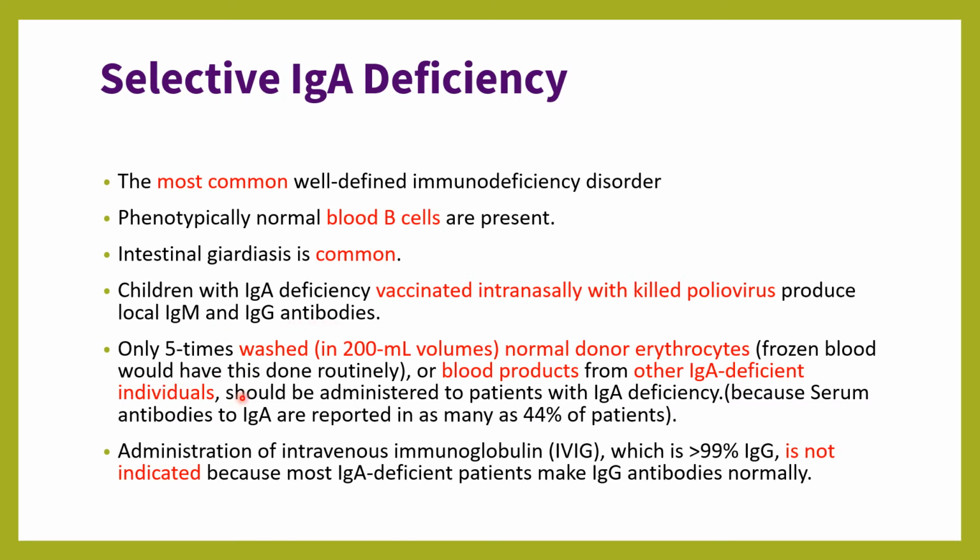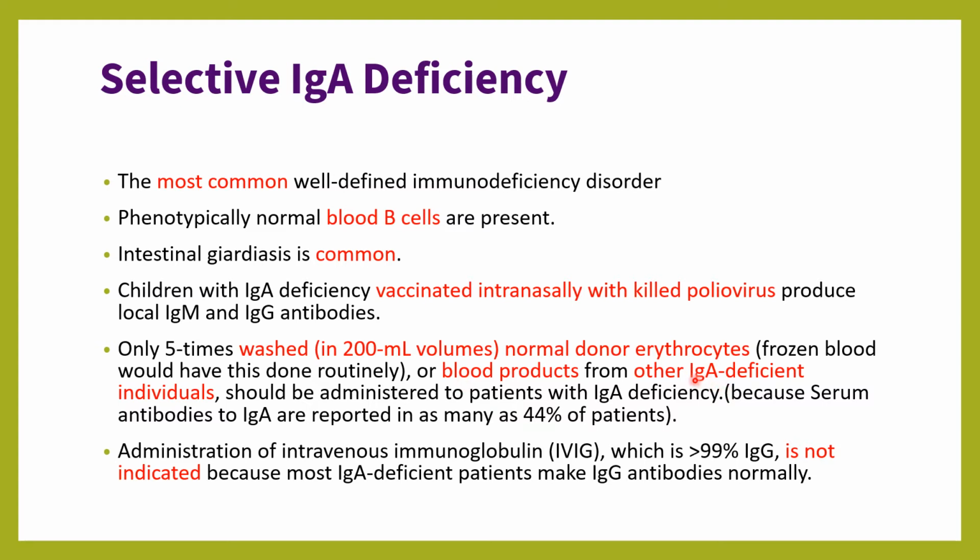Now, can we transfuse blood to these patients? Not as usual. The blood from the donor should either be washed 5 times in 200 ml volumes of normal donor erythrocytes, or the donor should be IgA deficient.